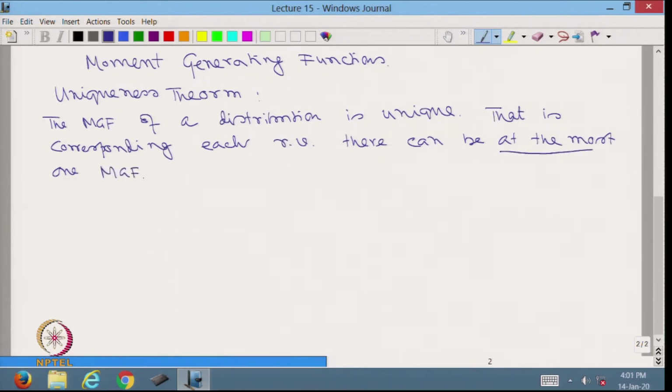I am saying at the most because there may be distributions which do not have the moment generating function.